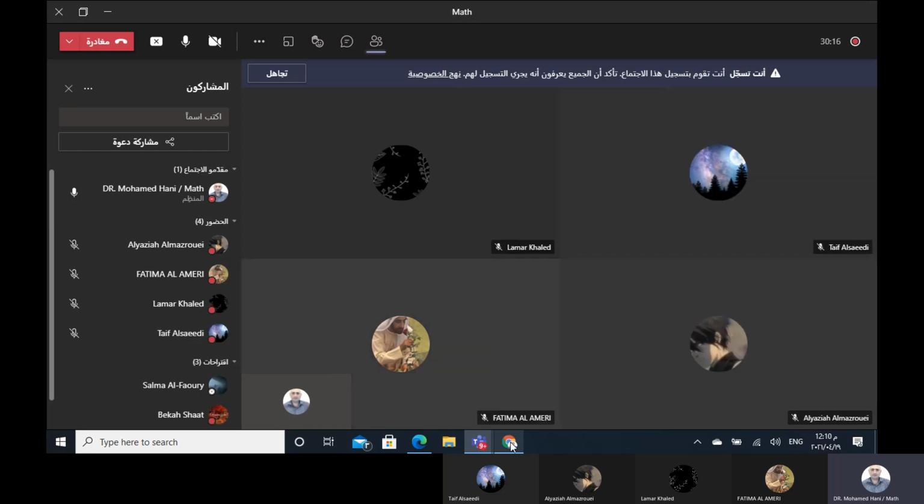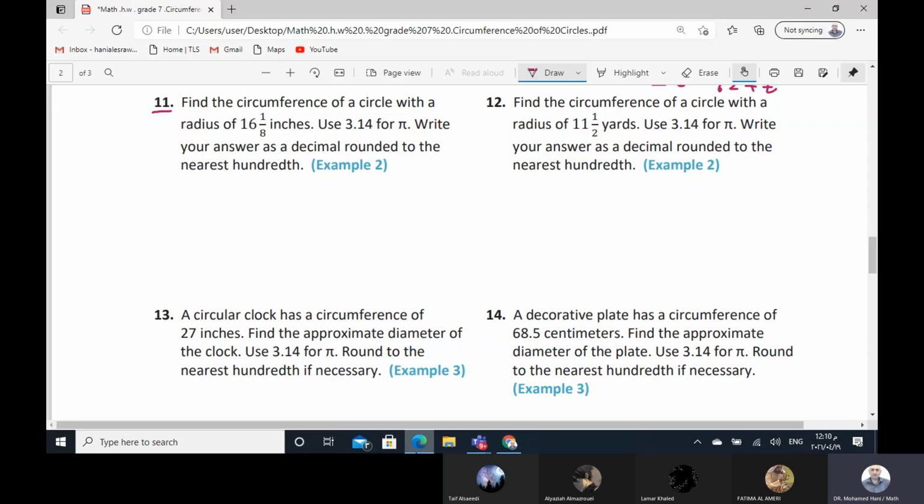Fatima? Yes. Can you read exercise number 11, please? Yes. Find the circumference of a circle with a radius of 16 and 1/8 inches. Use 3.14 for pi. Write your answer as a decimal rounded to the nearest hundredth. Thank you. So the radius, as you see here, 16 and 1/8 inches. Change to a fraction. 16 times 8 will be 123. 123 plus 1 will be 124 over 8.